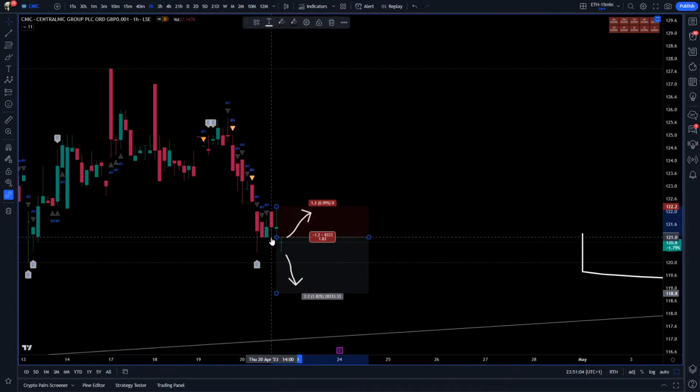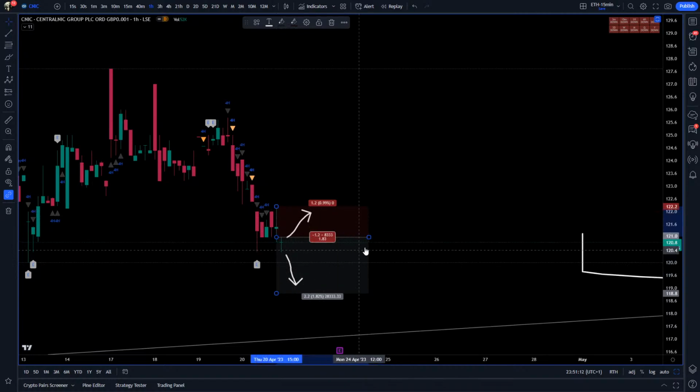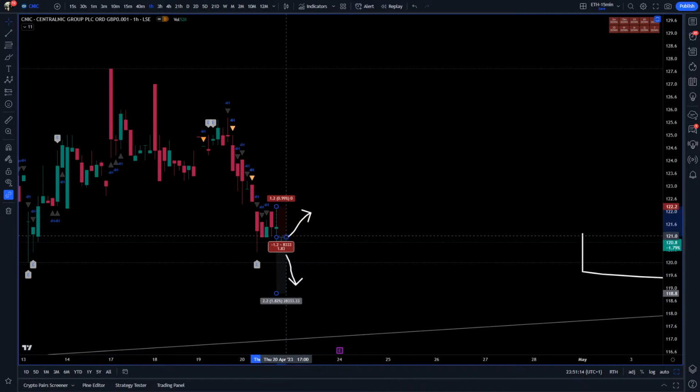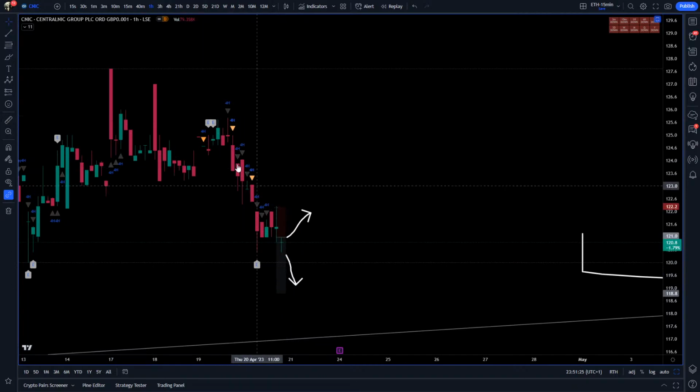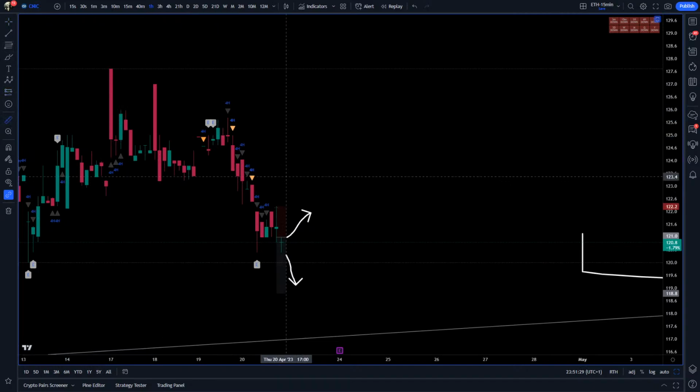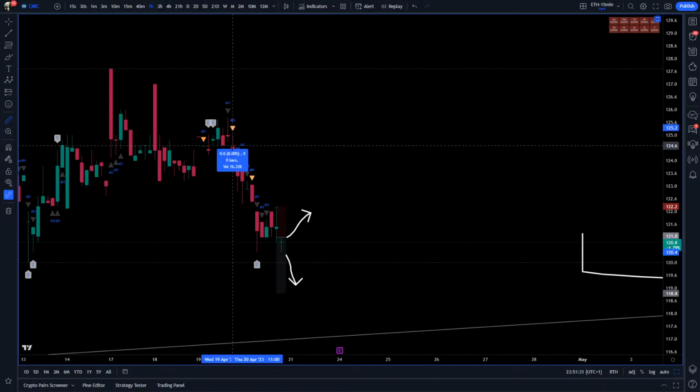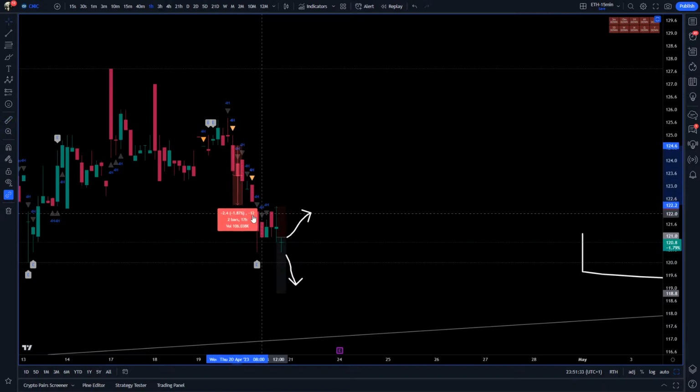So there's a break of structure at this point, and that's where we put our entry and our stop loss. And I'll take profit. We are supposed to use the take profit from the previous market movement. So the previous market movement was from this stretch, which is about 1.8%.